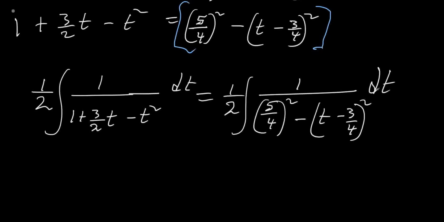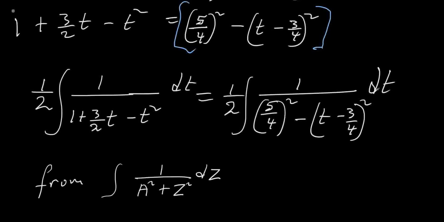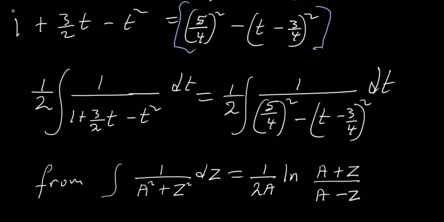dt. Now, recall that the integral 1 over a squared minus z squared dz is equal to 1 over 2a ln of a plus z over a minus z in parentheses plus c.